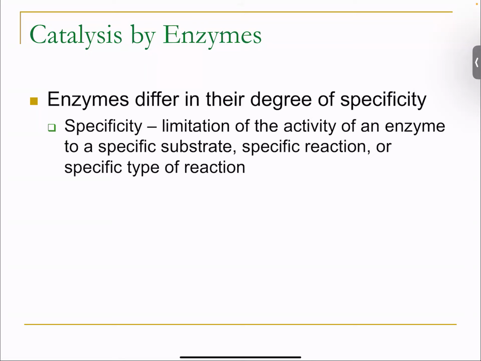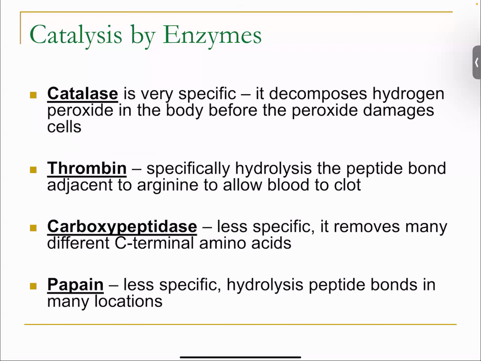They also have specificity related to whether they can work on L materials or whether they work on D or R materials. They can't work on both. So again, some of these like catalase are very, very specific. It is only going to decompose hydrogen peroxide in the body before the peroxide damages the cells.